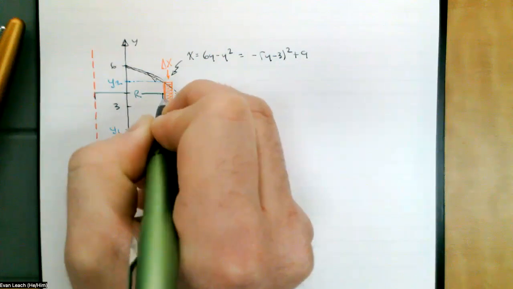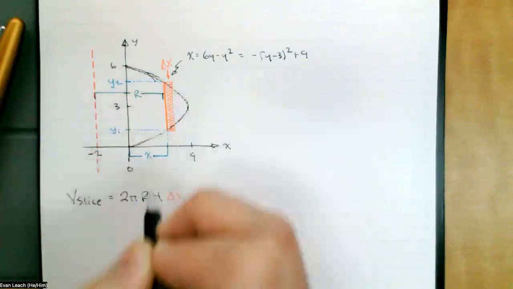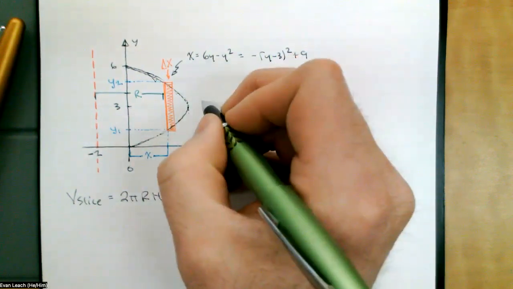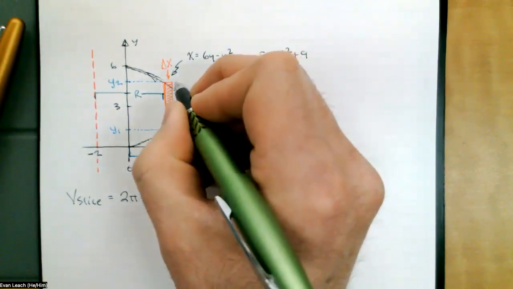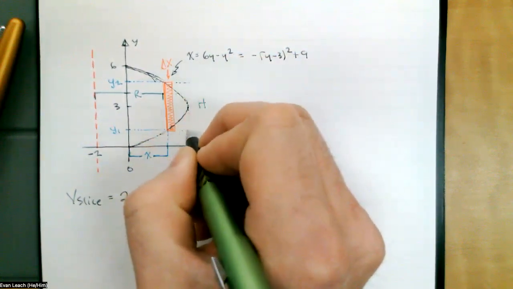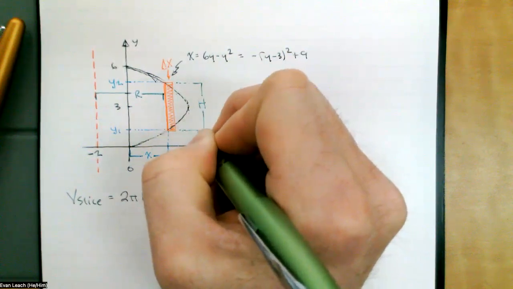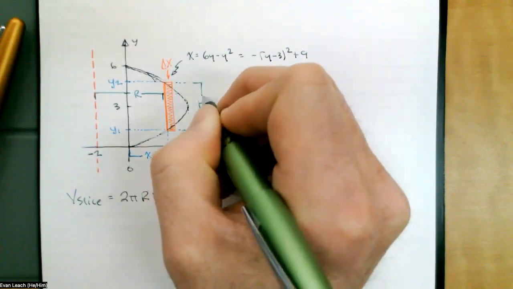Notice that I just have one radius because we're slicing shells and not washers. Height in the shells case is always perpendicular to the radius.